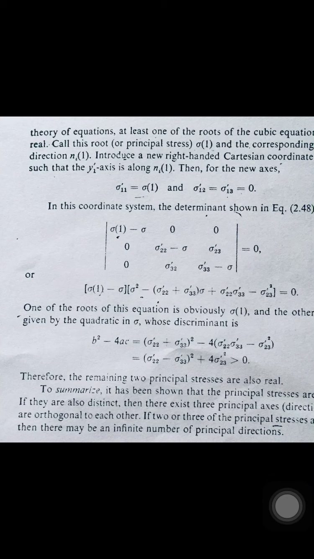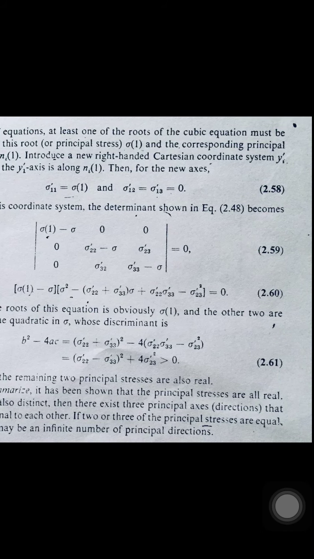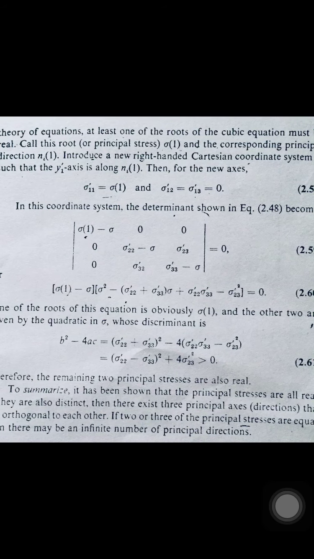Substituting these values of 2.58 in the determinant from which we get the cubic equation, we get equation 2.60, in which we know that one of the roots is obviously sigma 1.